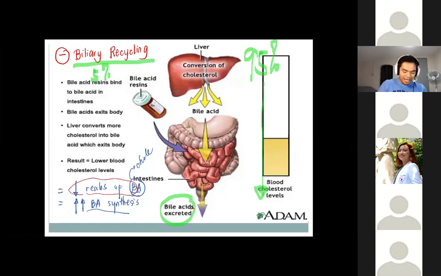Kaya darating ang time na yung sources ng cholesterol ng liver hindi na enough, kasi tinatapon. Kaya ultimately, ang effect ng bile acid sequestrants ay decrease in blood cholesterol. They can also increase HDL because of utilizing alternative sources, and also decrease LDL.